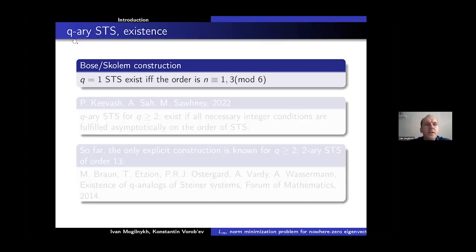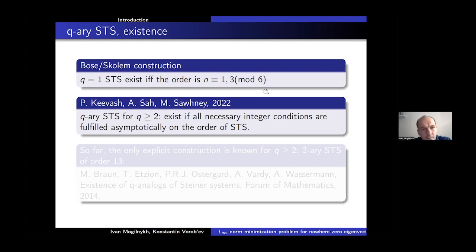As for existence of Steiner triple systems, up to the order, we have the following. A Steiner triple system in the classical sense of order n exists if and only if its order is either 1 or 3 modulo 6.